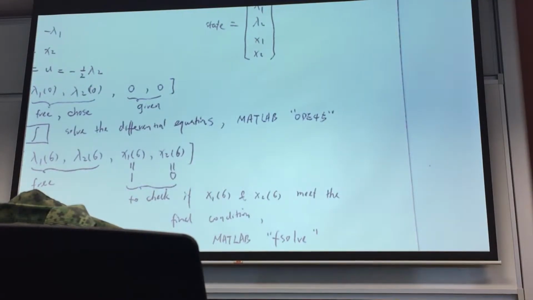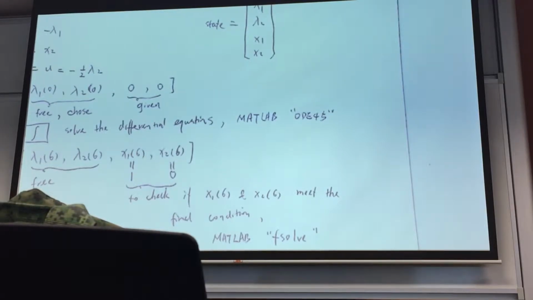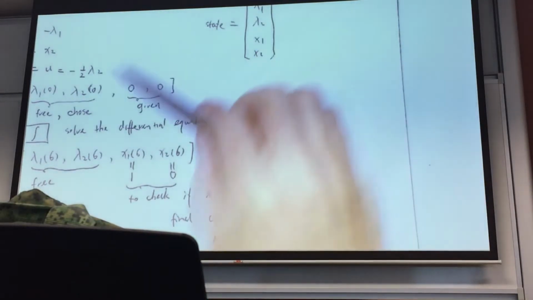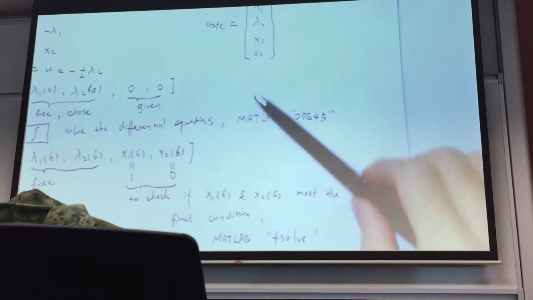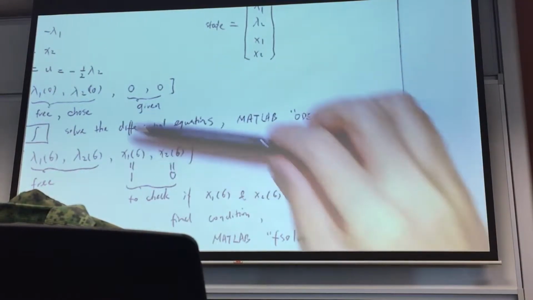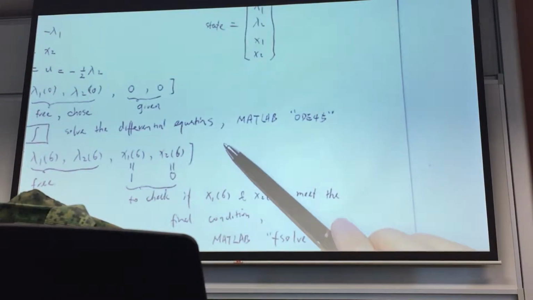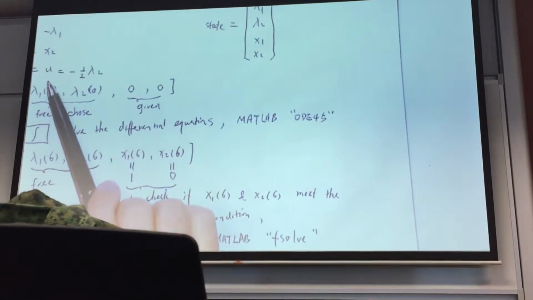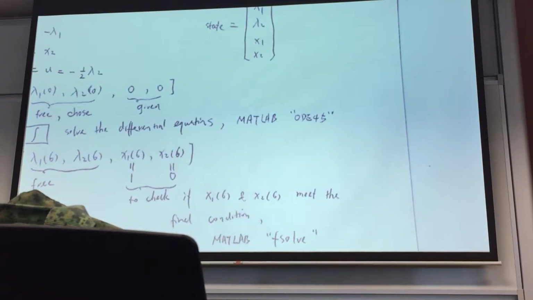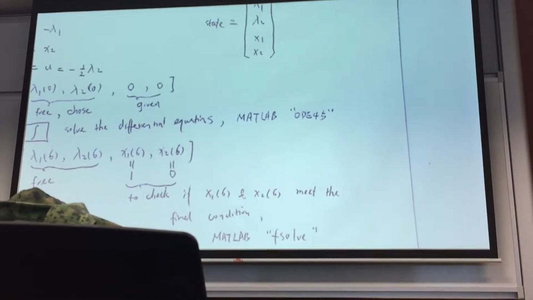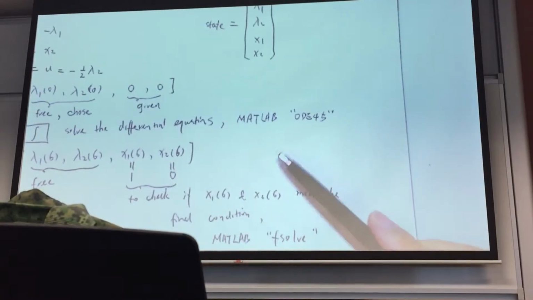Next, I can show you how to implement this idea. This idea sounds quite interesting and feasible, but how to implement it? How to try different initial conditions and intelligently check the final condition? So we require two functions to solve this.